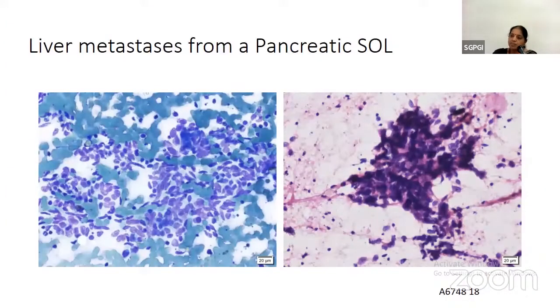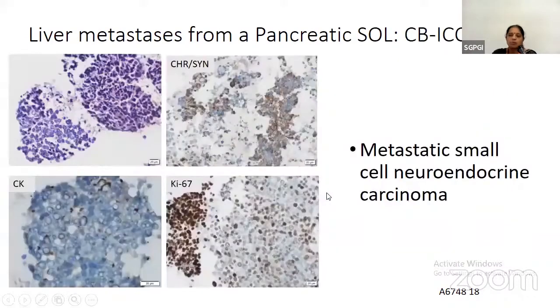Here is another case of a pancreatic SOL. Compared to the previous two, this is showing high-grade features. Obviously, no problem. You have a high N:C ratio, very coarse chromatin, crush artifacts, nuclear molding. So absolutely no problem calling this, even on morphology, a small cell neuroendocrine carcinoma.